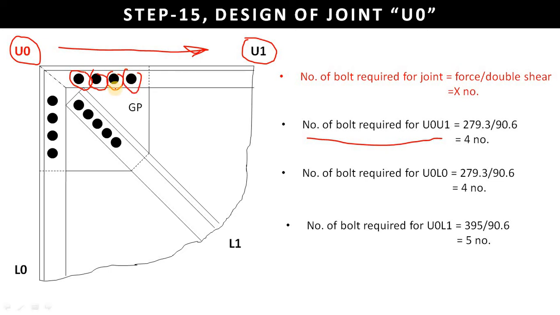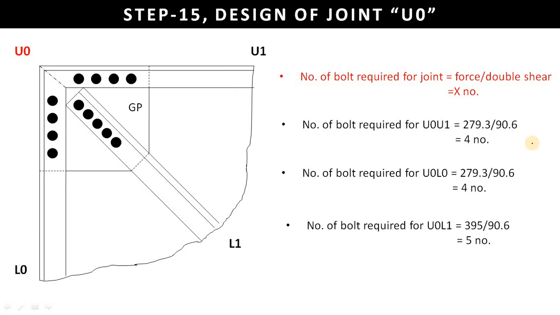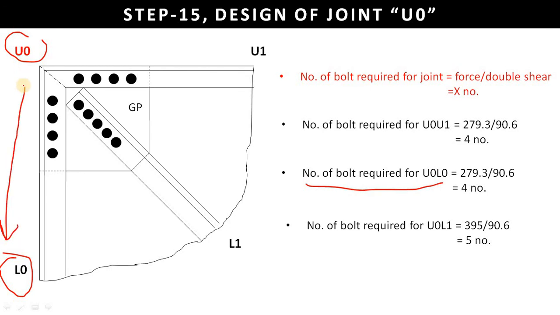Similarly, coming on to U0L0, the number of bolts required for U0L0 will be the force in this member U0L0 divided by double shear. So we have obtained 4 bolts over here.